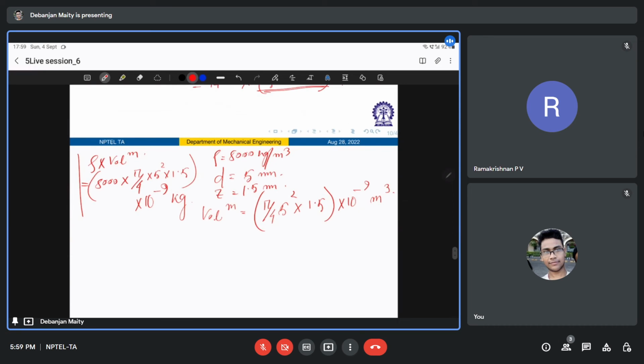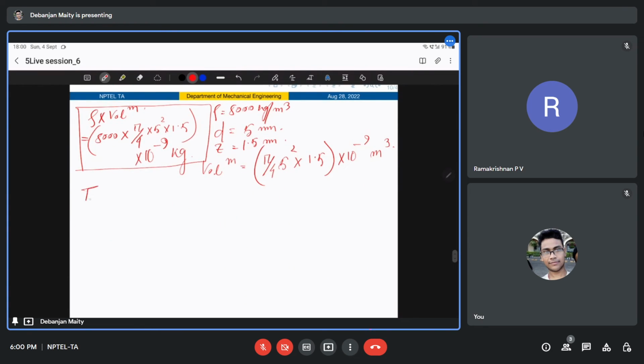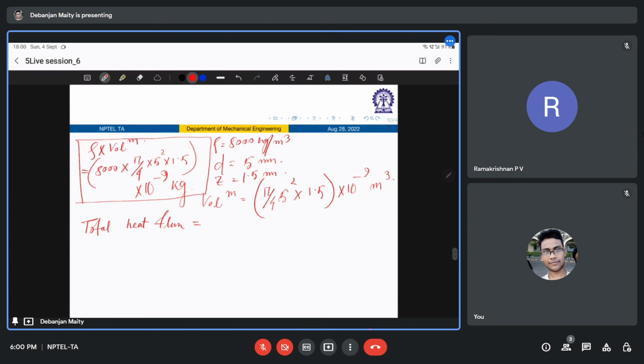This is your mass of the system. Am I right? So total heat will be what? 1400 into 8,000 into pi by 4 into 5 square into 1.5 into 10 to the power minus 9. That will be in kilojoule.